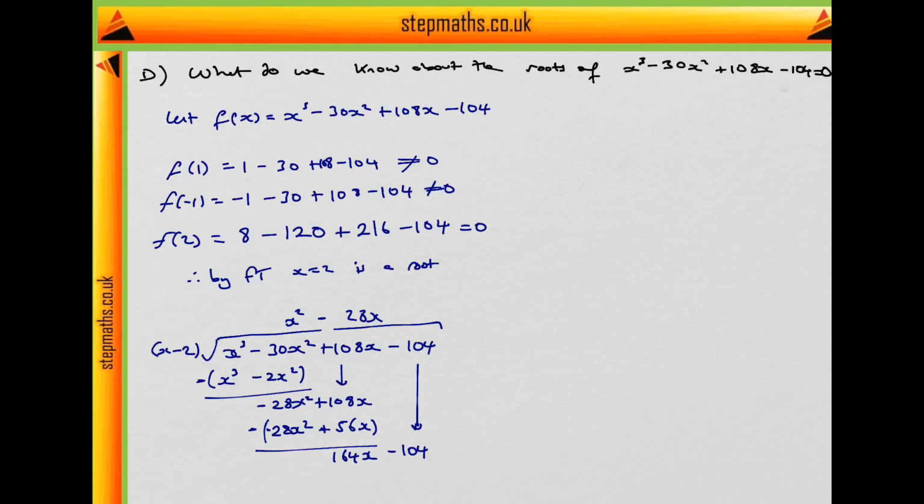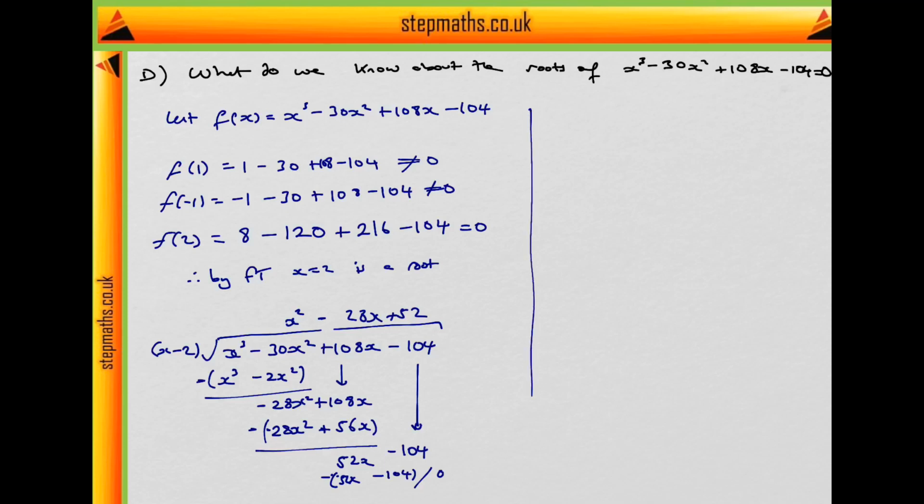So that gives us 108x minus 56x. Well, that's going to give us 52x, and then 52 times x gives us 52x, so that's plus 52. So then we get a minus 52x minus 104, which is 0.